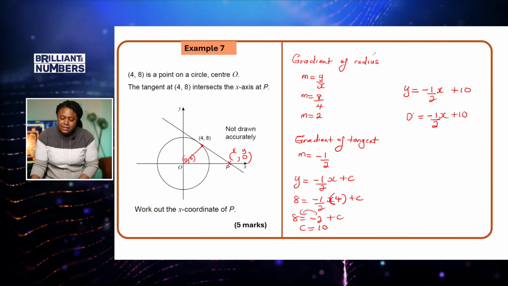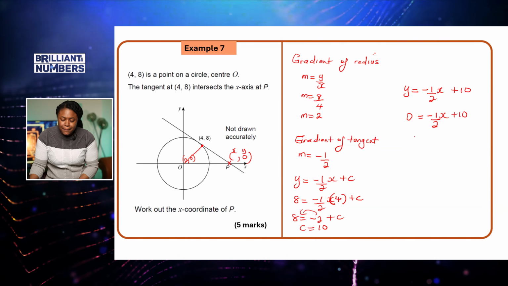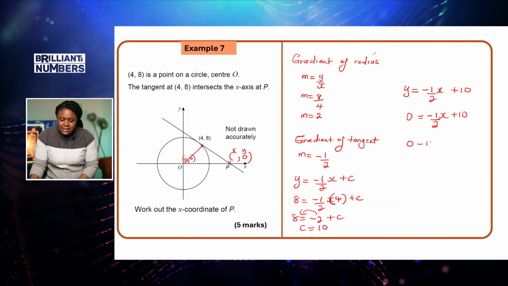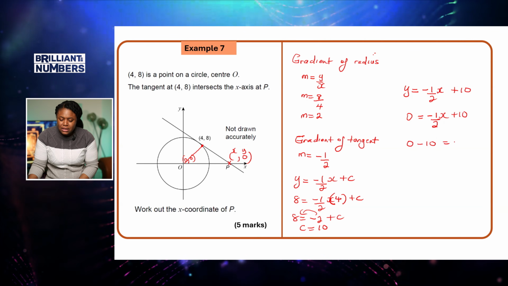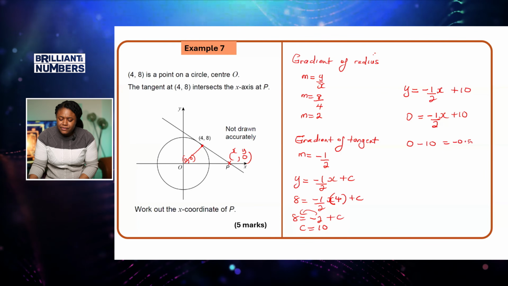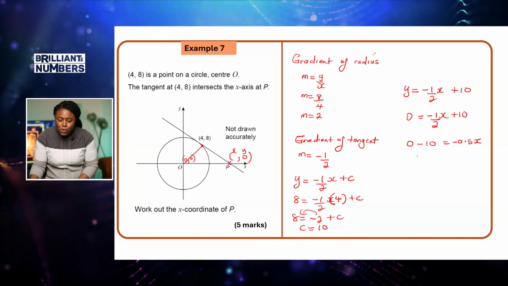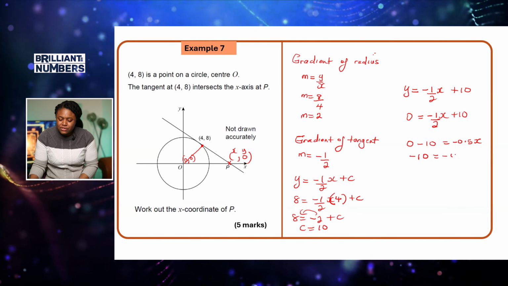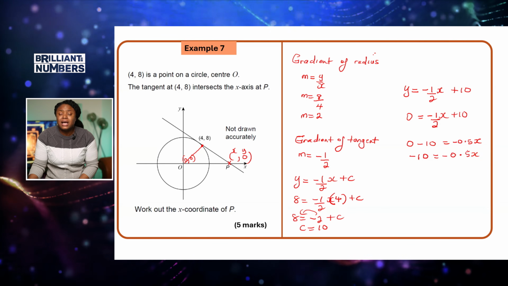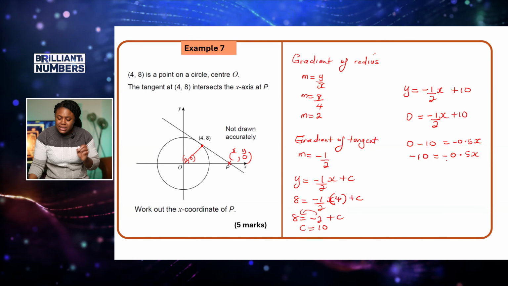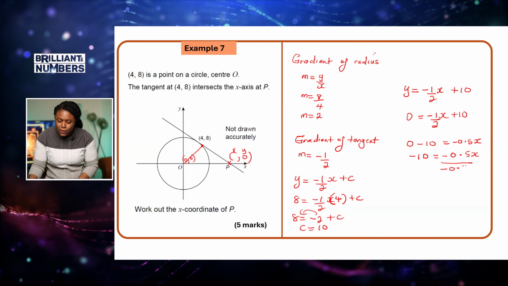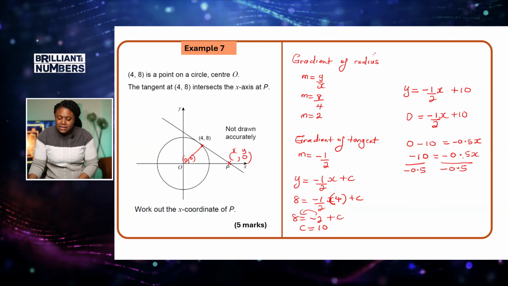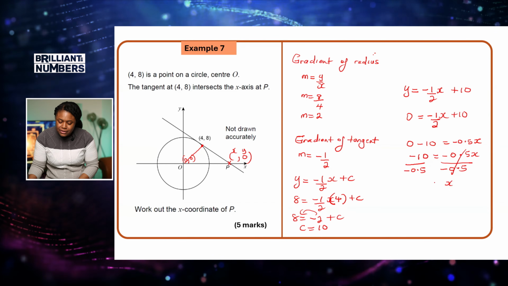So now I need to do on this side, 0 take away 10 is equal to, I'm going to just say negative 0.5 to make it easier for you once more. This will give me minus 10 equal to negative 0.5x. I now need to divide both sides by negative 0.5. This cancels out, leaving us with x.